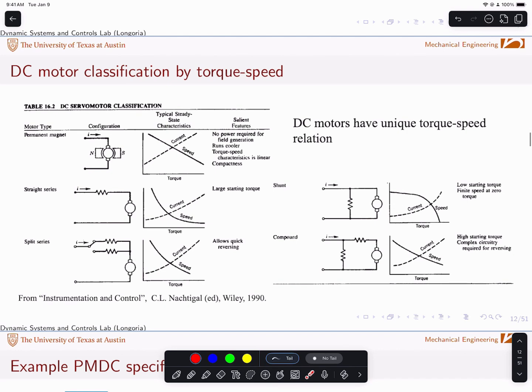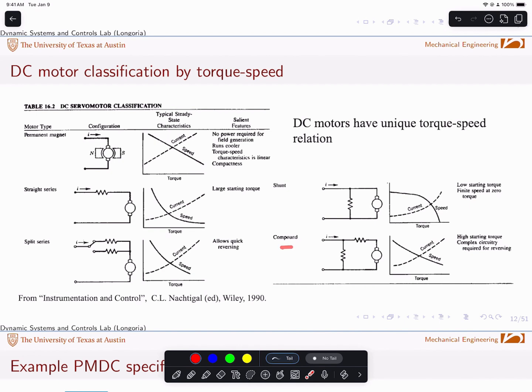A lot of motors that we've talked about in a related video, different types, have different torque speed curves. For example, a shunt DC motor, where this shows resistance, but also the field inductance could be in parallel. You might have a very different type of torque speed curve. Note that the torque here is on the abscissa, the x-axis, versus the y. Very common to see that in manufacturer specs.